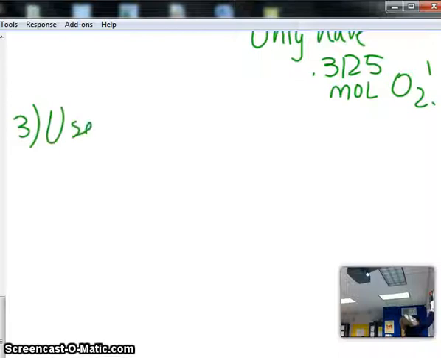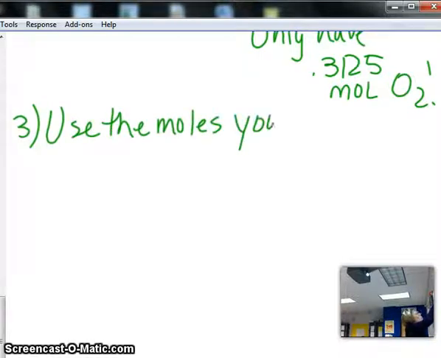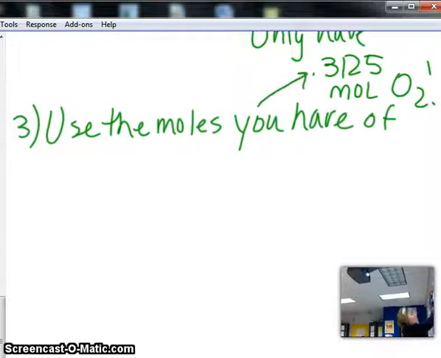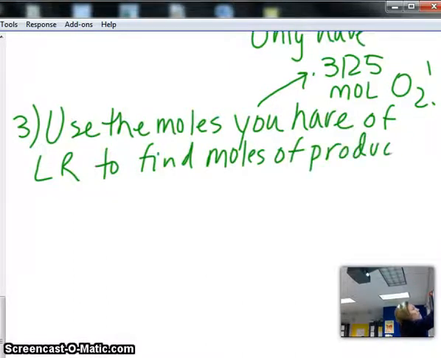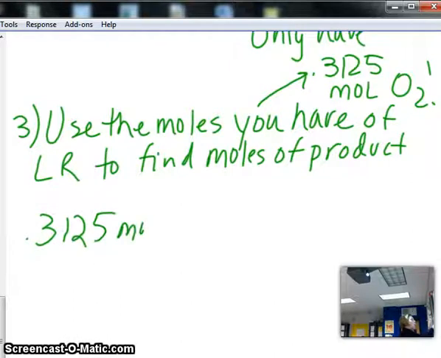Step 3, use the moles you have, that's this one, of limiting reagent to find moles of product. So 0.3125 moles of oxygen.